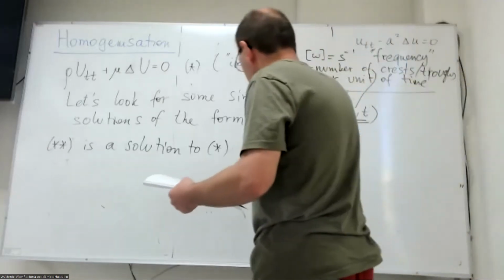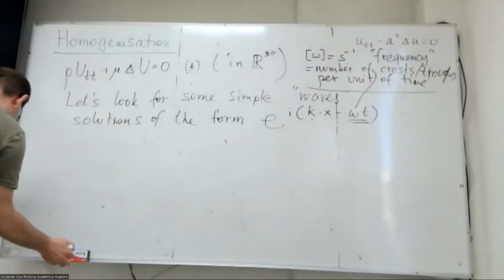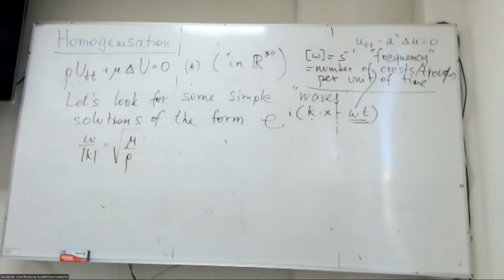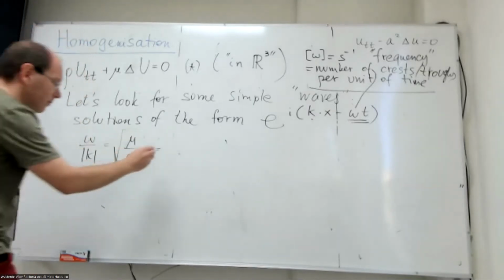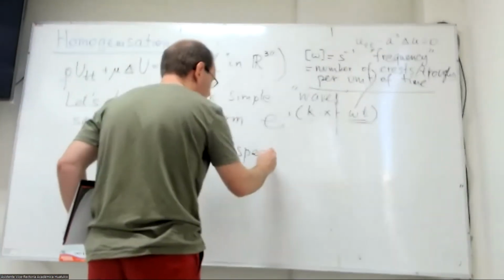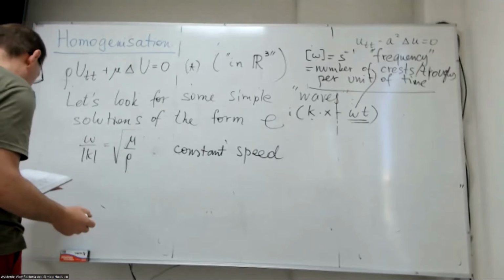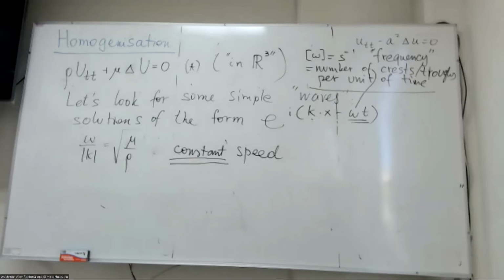Maybe I should keep this. The fact that this is just a constant speed, measured in meters per second, is linked to the notion that we will develop, referred to as dispersion.